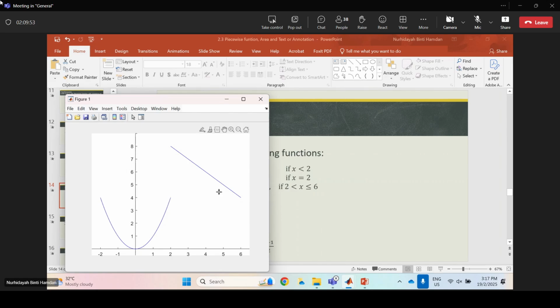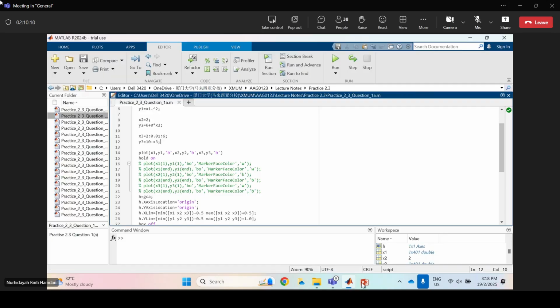And x is equal to 6, which means we have to put a filled marker only at 6, and this one 2 until 6. So here an unfilled marker, this one is a filled marker. Now my next coding is how to fill up the marker.